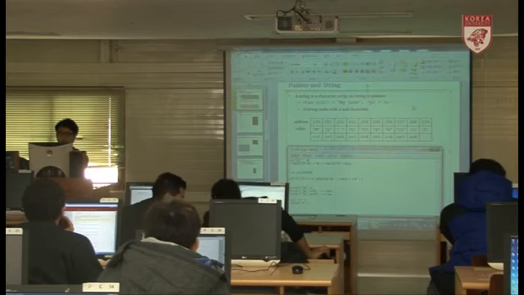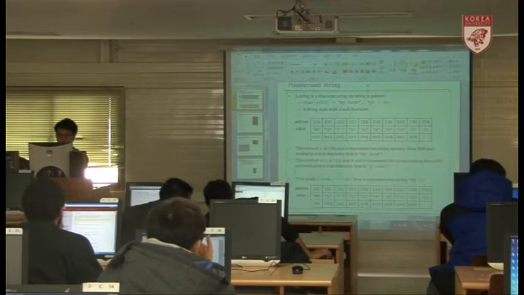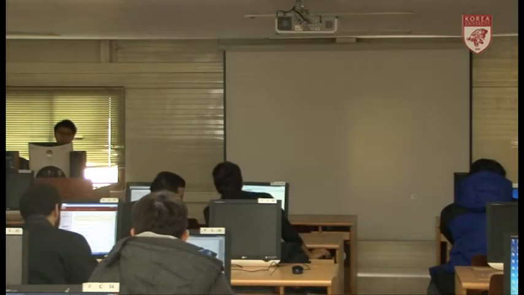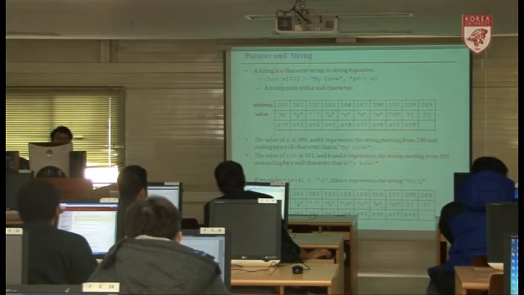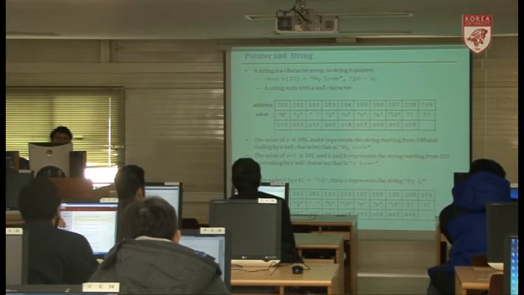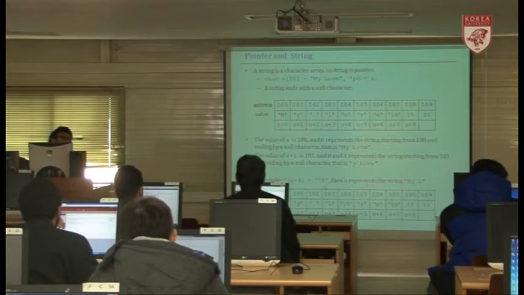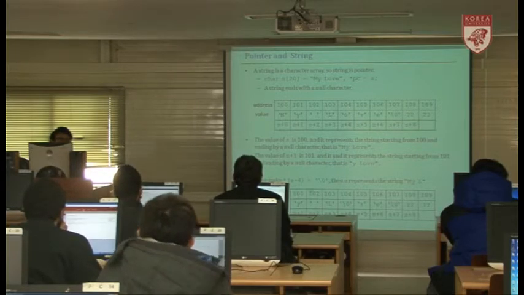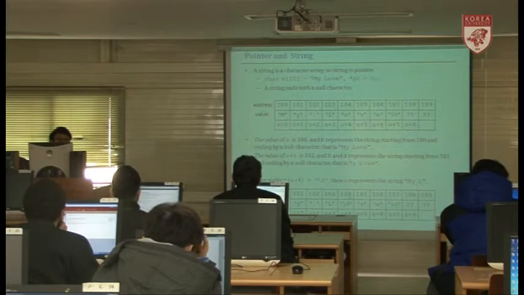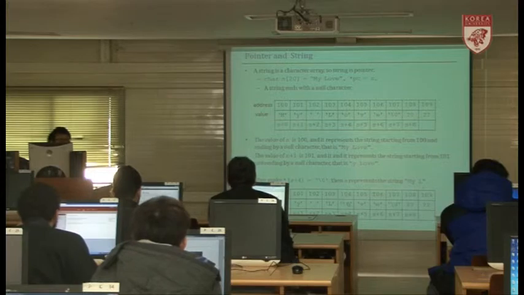Alright, then let's do something interesting. Here, if we make asterisk S plus 4 equal to null, we just assign the null character to this point. That means S plus 4 is 104, then 104's value becomes the null character.